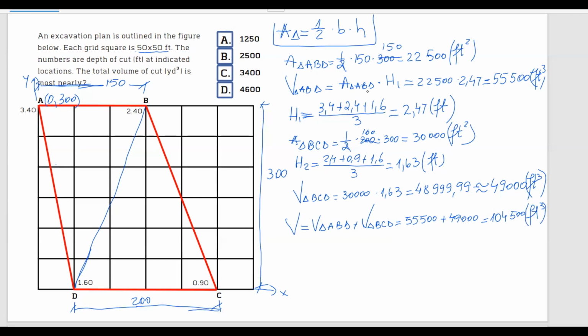So the total volume of this shape here is 104,500 feet cubed. The problem is asking us to calculate this in yards cubed.